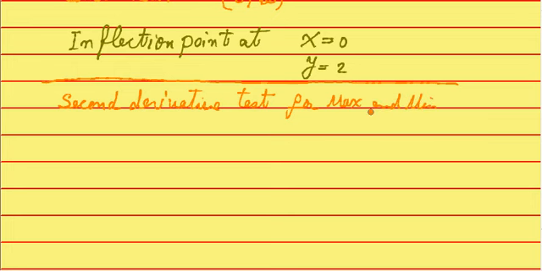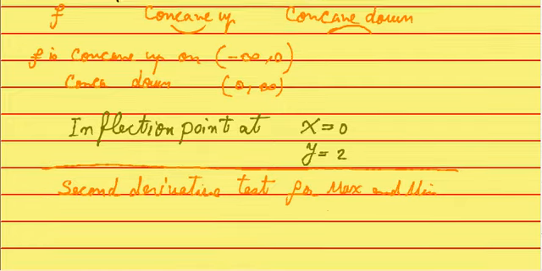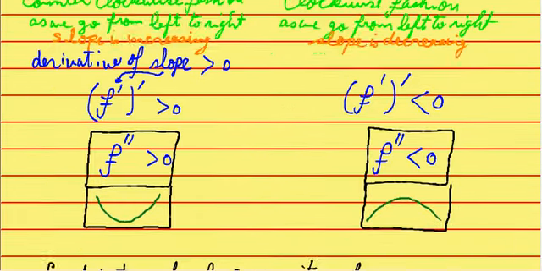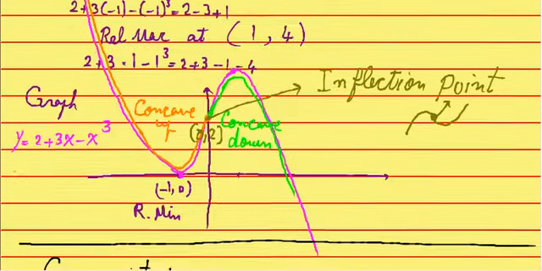This is a rather slick and tricky way of trying to distinguish maximum from minimum without doing the first derivative test. Let me take you back to our original picture and explain what the issue is.